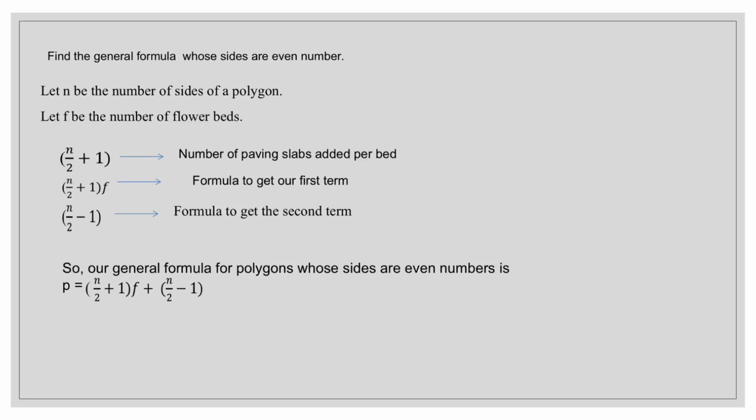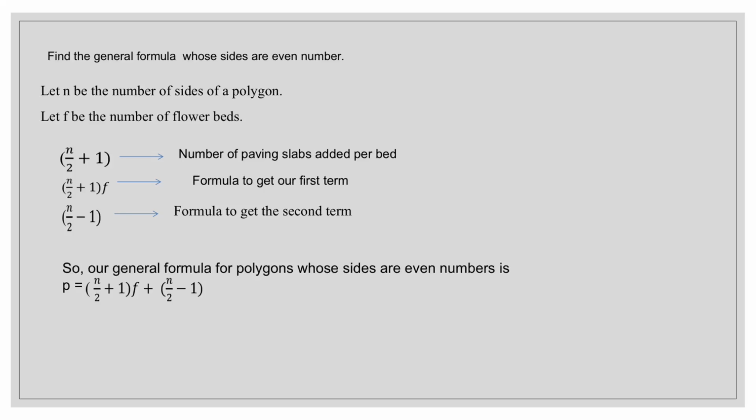So, let's find the general formula for polygons whose sides are even number. Let N be the number of sides of a polygon. Let F be the number of flower beds. So, N over 2 plus 1 is the number of paving slabs added per bed. And quantity N over 2 plus 1 times F is the formula to get our first term.